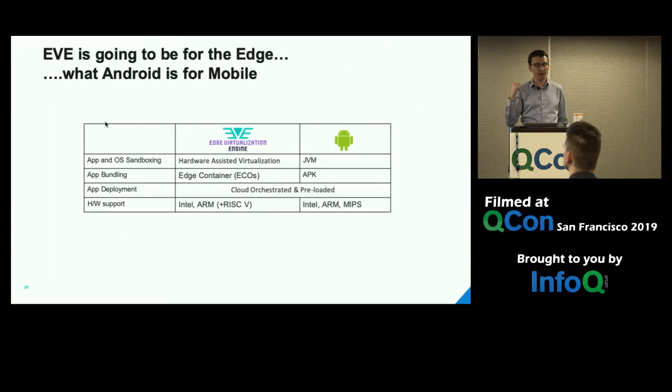The questions are, how can you do application and operating system sandboxing? Because you don't want your applications to affect the operating system and vice versa. How do you do application bundling? How do you do application deployment? And what hardware do you support? So as you can see, we're answering it closer to a traditional virtualization play. Android basically did it through sandboxing on top of the JVM because it made sense at the time.